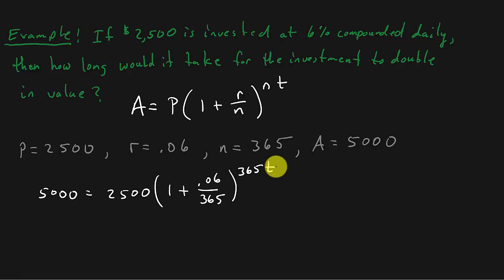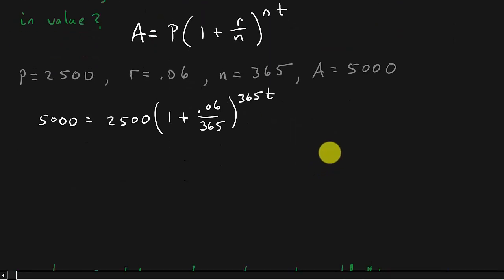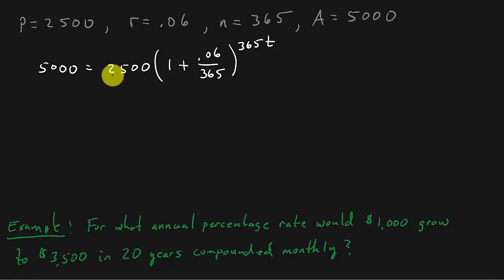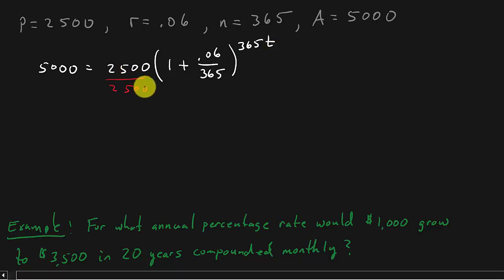All right, so that's not bad. We're just replacing each of the letters with the numbers. And now I need to solve for t. So first thing I'm going to do is divide everything by 2,500.